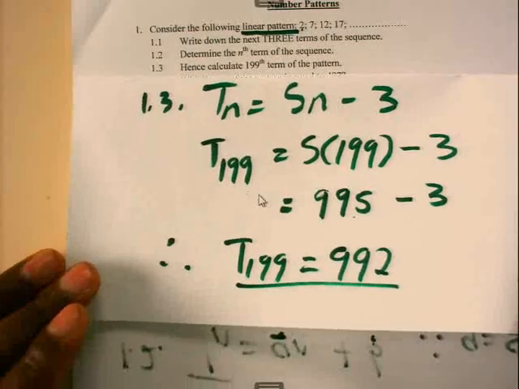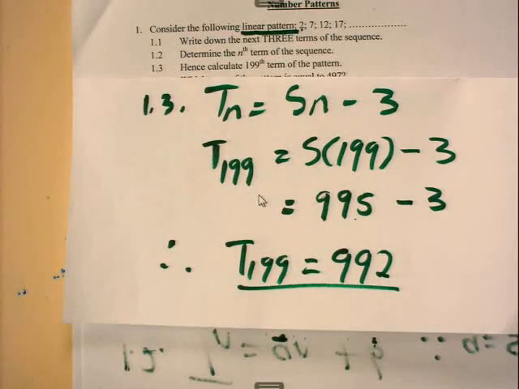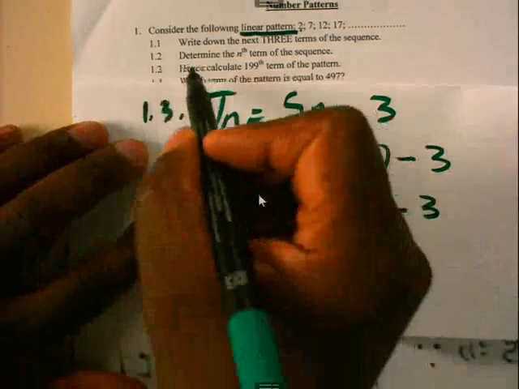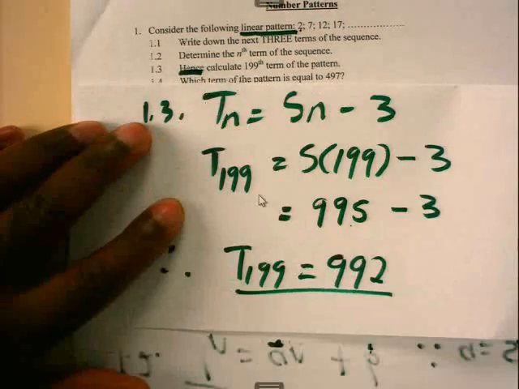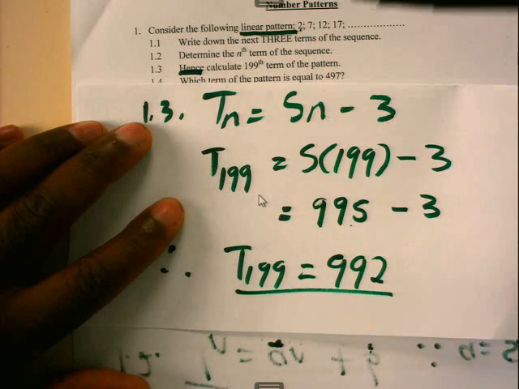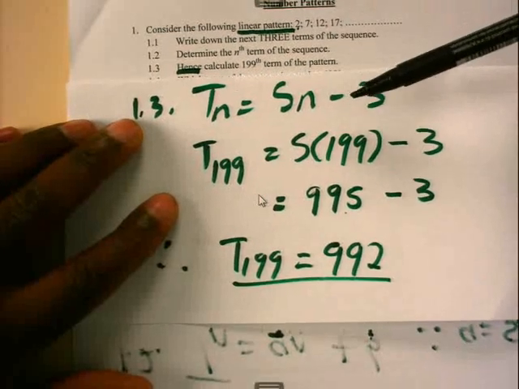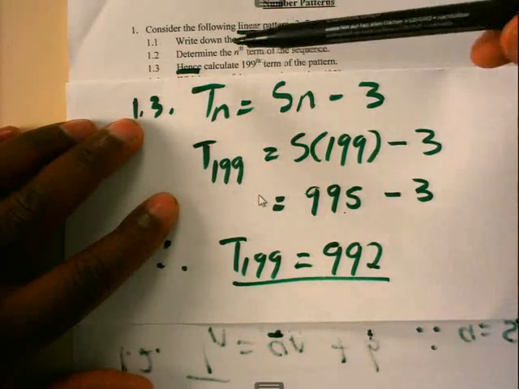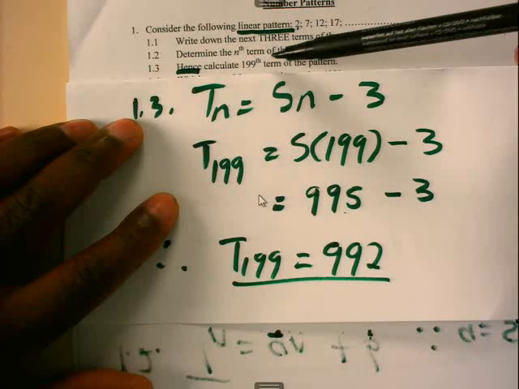Because in 1.3, the question states calculate the 199th term of the pattern. And the word hence, maybe I should explain the word hence. The word hence indicates that you use the above solution to solve this one. In 1.2, determine the nth term of the sequence.